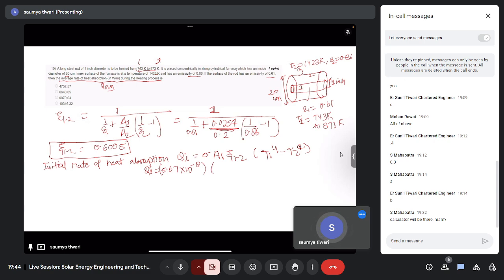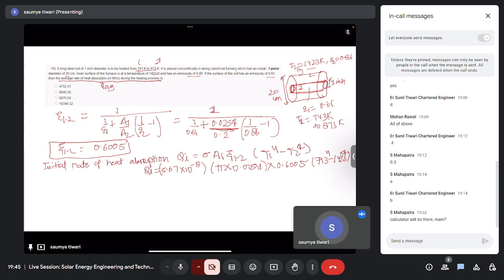The A1 value is the area of heat transfer, so it will be pi into the diameter 0.0254, then the view factor 0.6005, and T1 is the initial temperature, so 743 to the power 4 minus T2, which is 1423. Both are in Kelvin.